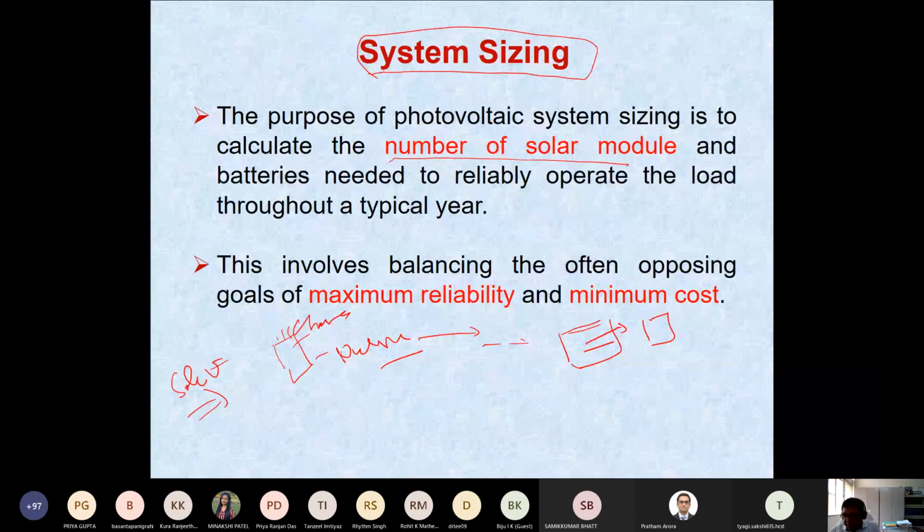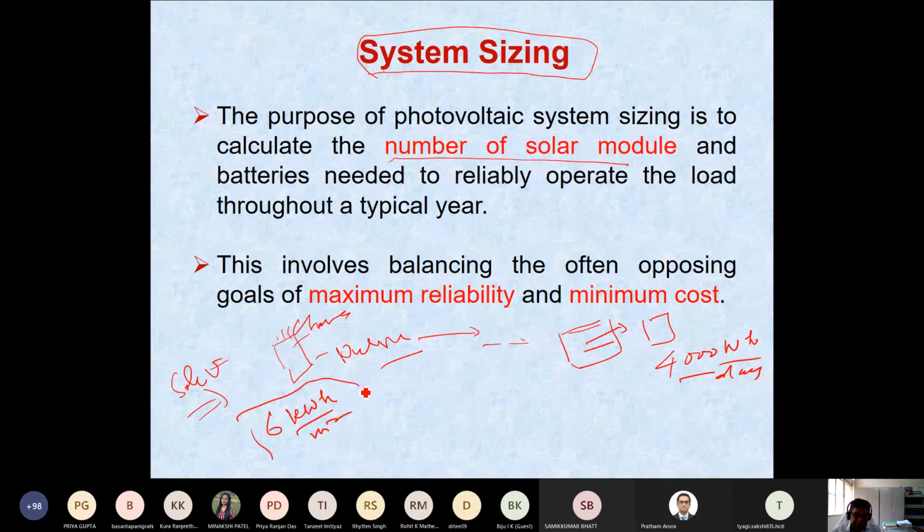So to design, to size, or to determine the number of modules, suppose I have a requirement of 4,000 watt hour per day. And the solar radiation available is, say, kilowatt hour per meter square.